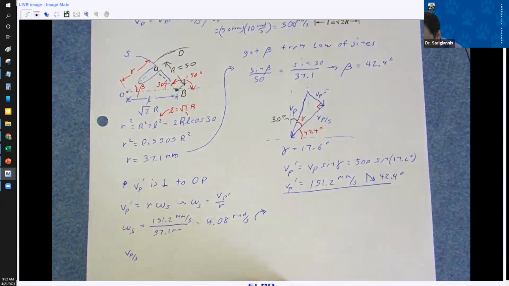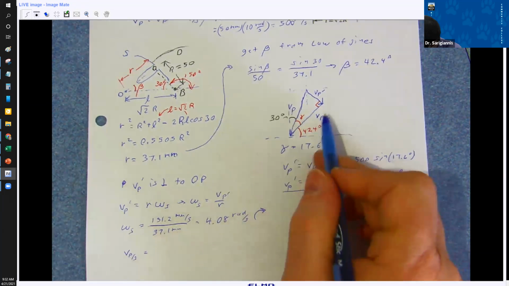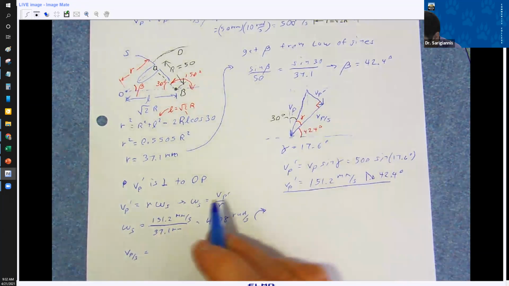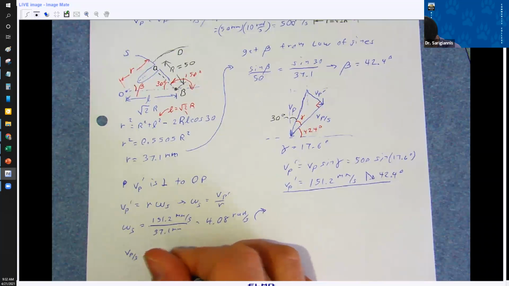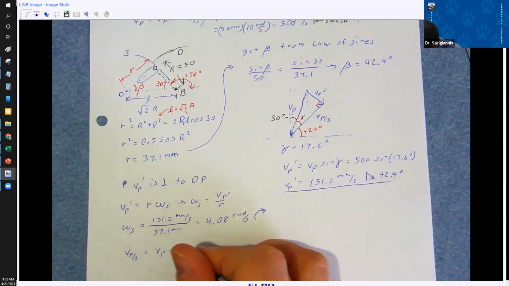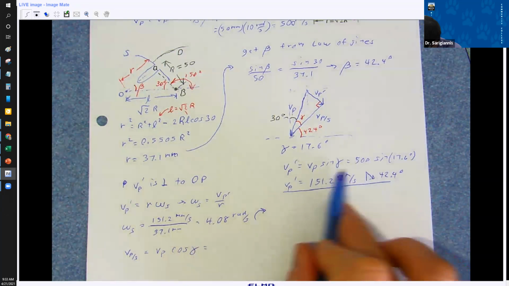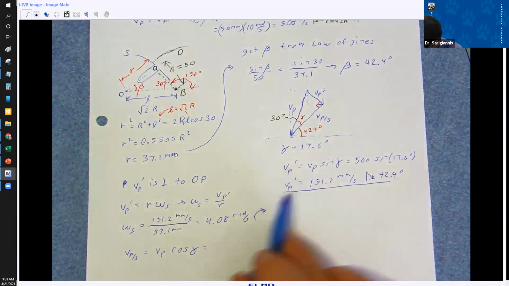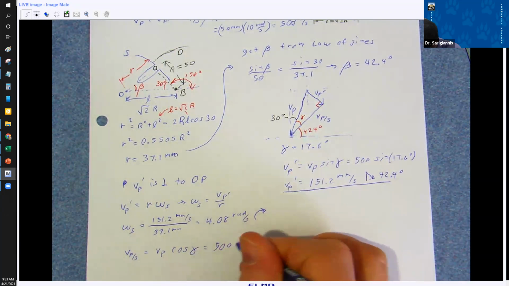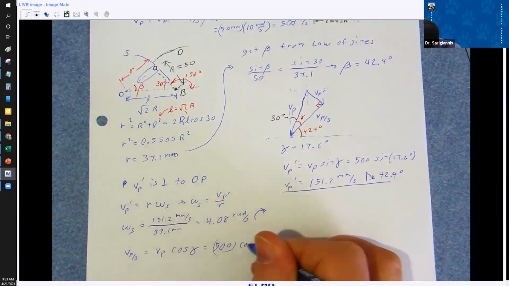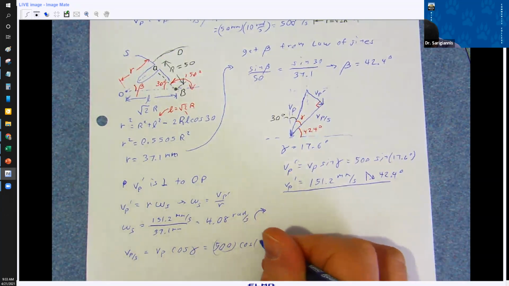VP with respect to S, this term right here, is going to be VP cosine gamma. So just like this was VP sine gamma, we're going to get 500 cosine 17.6 degrees.